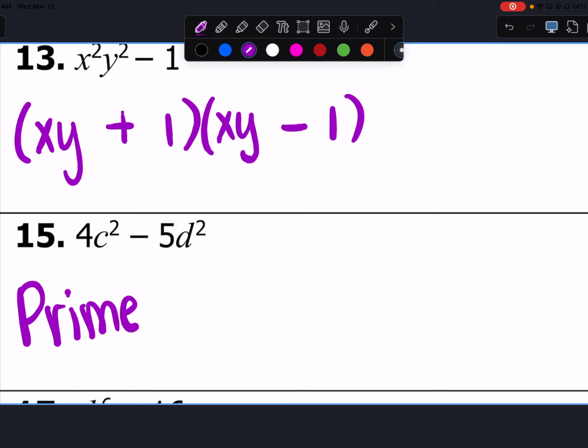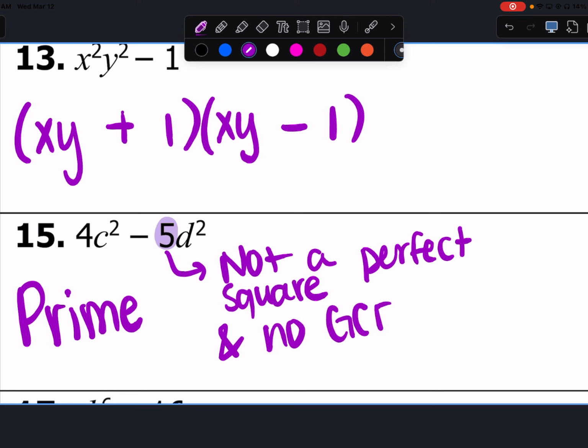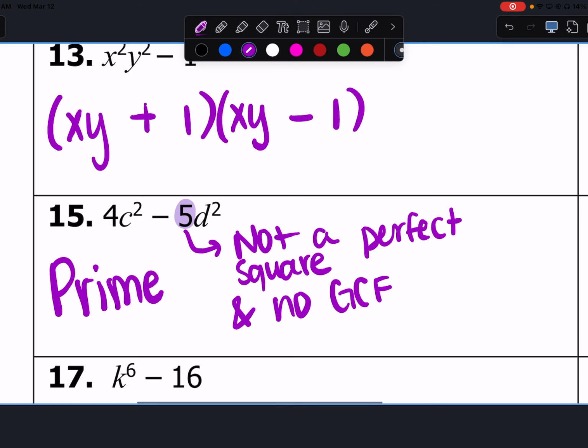And the reason for that is because that 5 is not a perfect square, and no GCF. So that makes it prime.